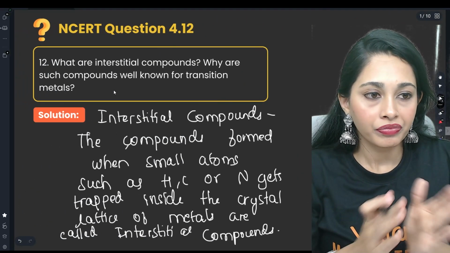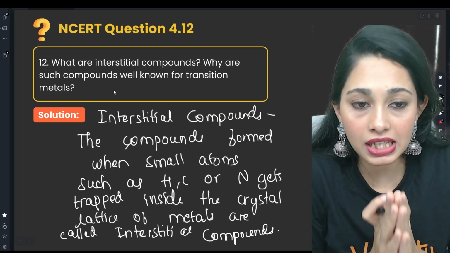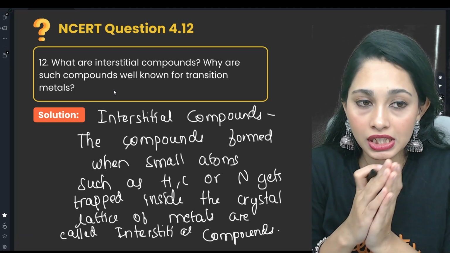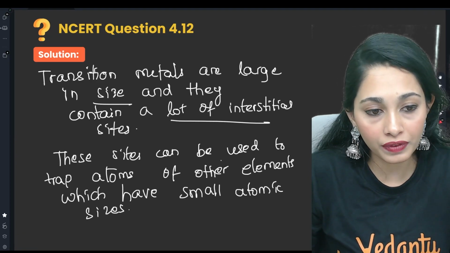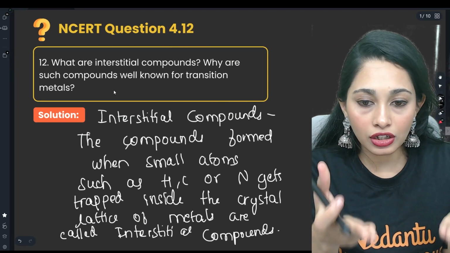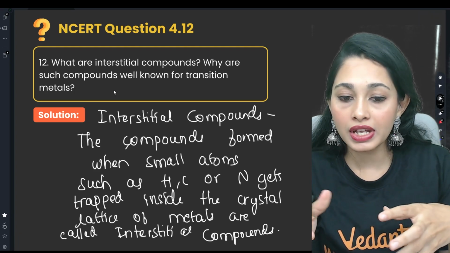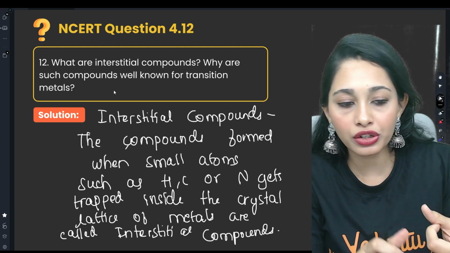So yes, transition elements are well known for these interstitial compounds because they are large in size and they contain a lot of interstitial sites where small atoms such as hydrogen, carbon or nitrogen can be trapped inside the crystal lattice.